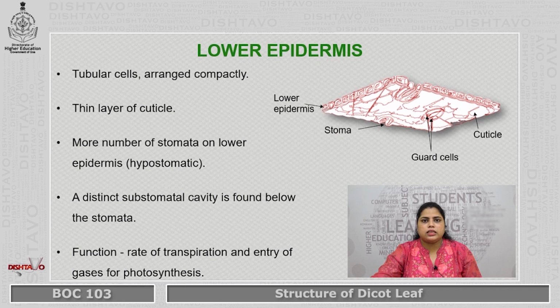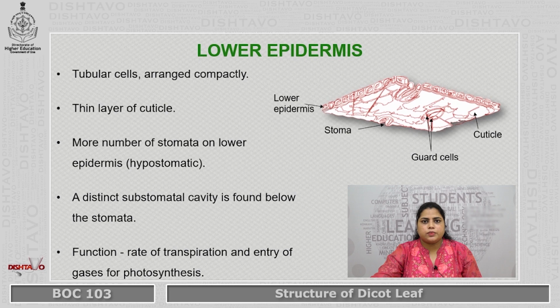Moving on to the last layer of the dicot leaf, that is the lower epidermis. The cells here are tubular, they are arranged compactly, they have a thin layer of cuticle. There are more stomata present on the lower epidermis, therefore we designate it as hypostomatic. Hypo means below, stomatic means stomata.